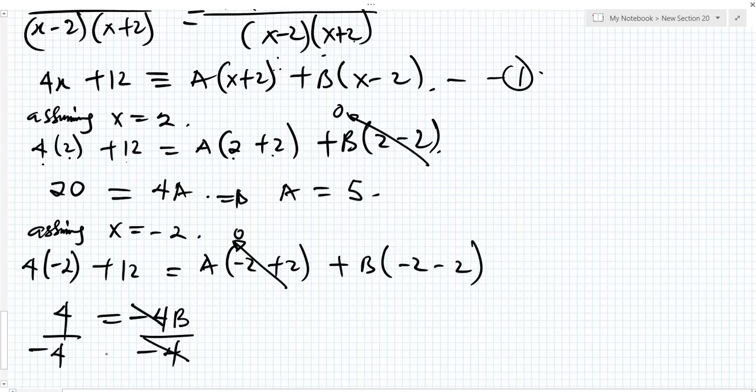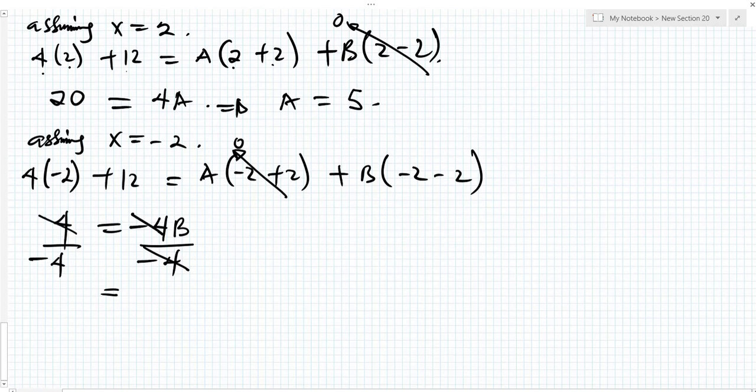This will cancel out. 4 divided by minus 4 will give you minus 1. So this will give you b. It implies that b is equal to minus 1.